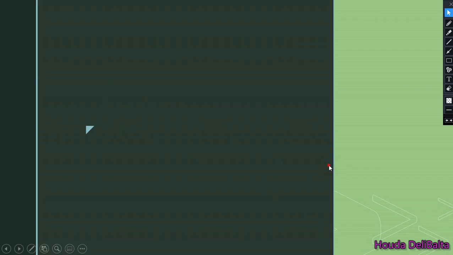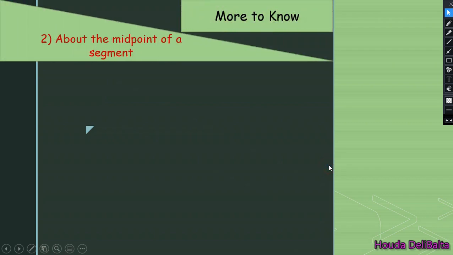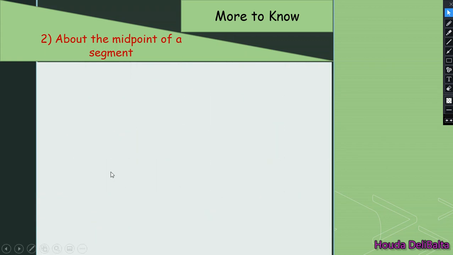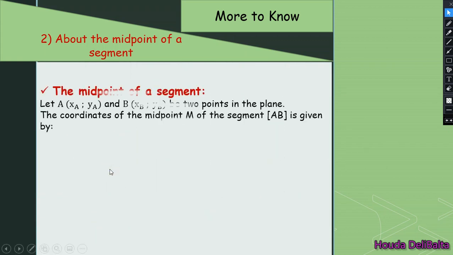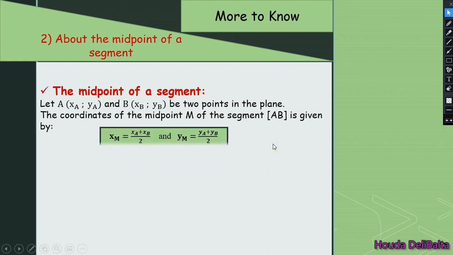Let's continue our revision, and now we are going to learn more about the midpoint of a segment. If we have 2 points, A of abscissa XA and ordinate YA, and B of abscissa XB and ordinate YB, then the coordinates of the midpoint M of segment AB are given by this rule.